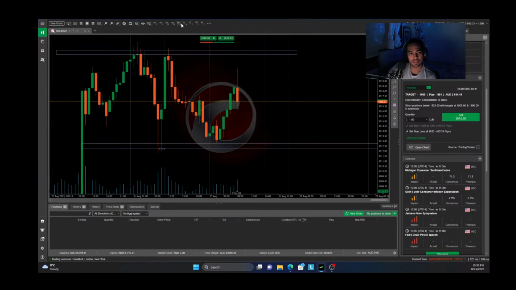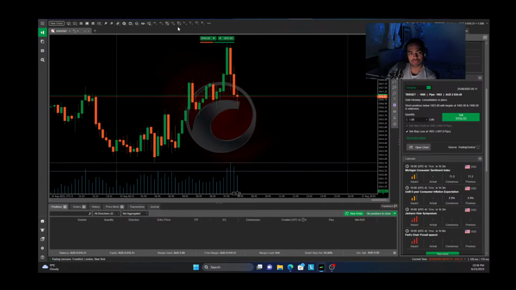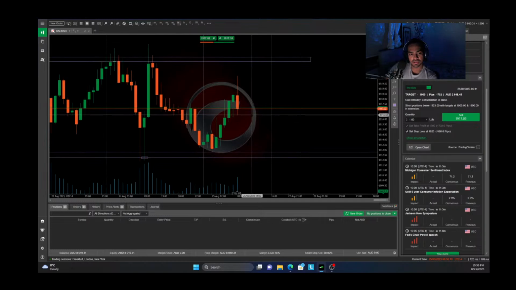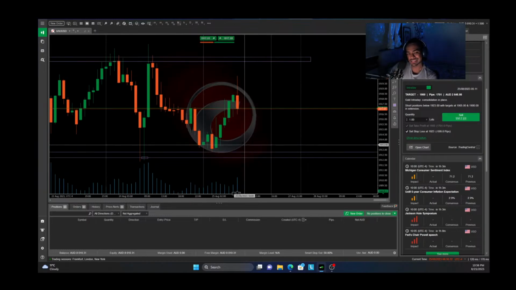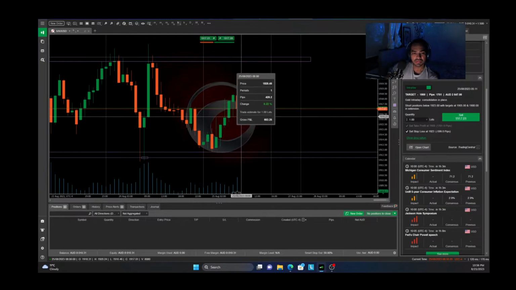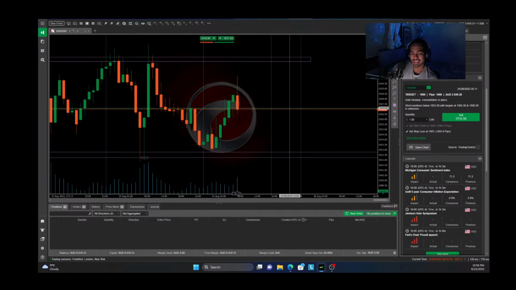If it closes bearish, you can take a trade on a break of this 1 hour low, but I think it's too risky because the stop loss is going to be more than 40 pips.